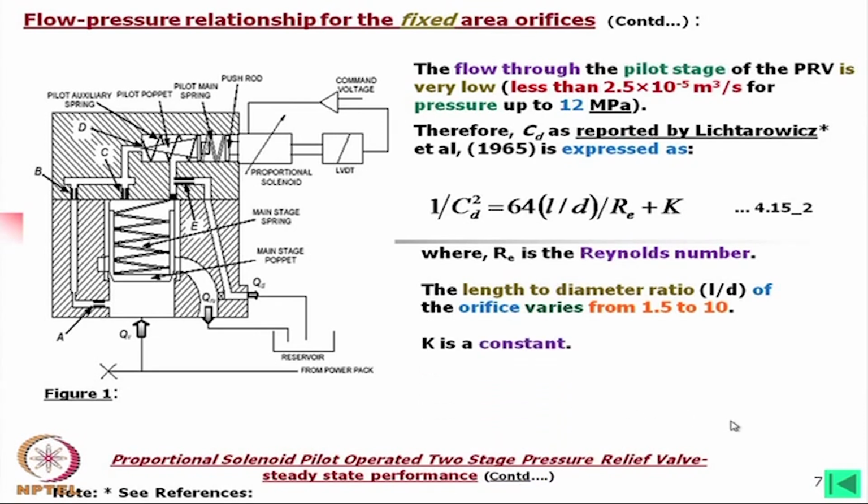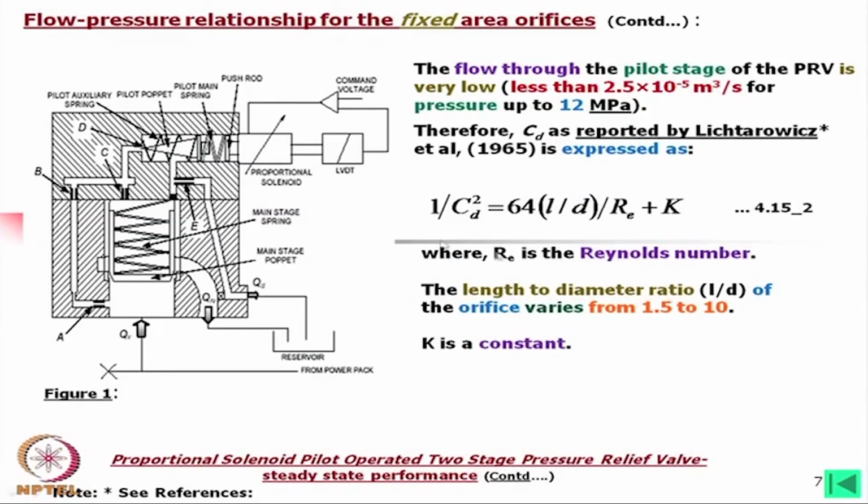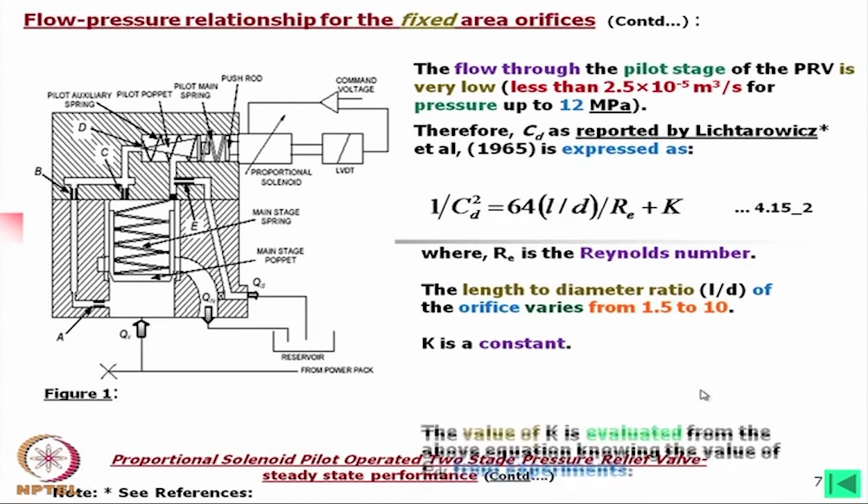Now, again I have not specified the capacity of this pressure relief valve, or its physical size. Maybe in the next lecture I will give the physical size, but we have considered only a particular valve. It is about 30-40 liters per minute maximum flow. Now, K is a constant.